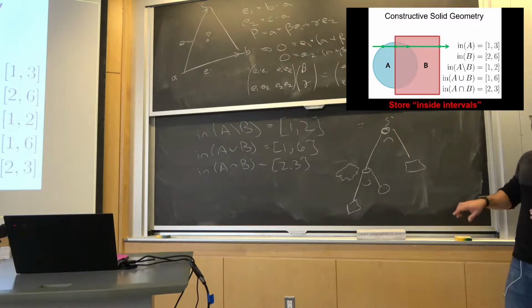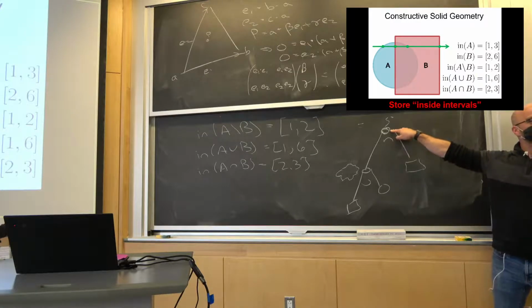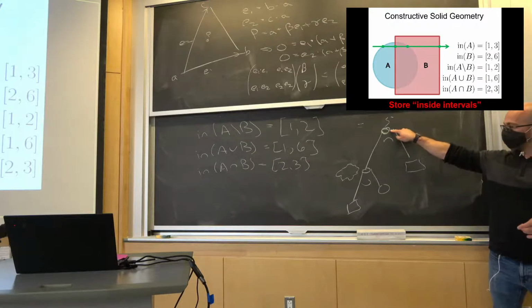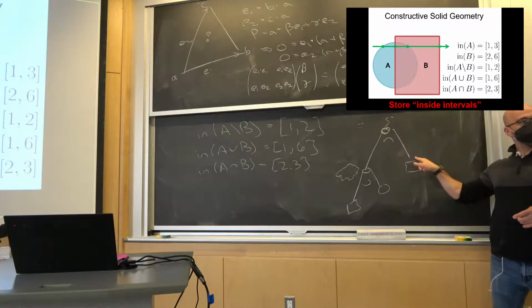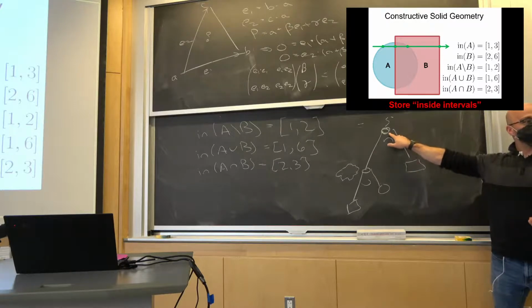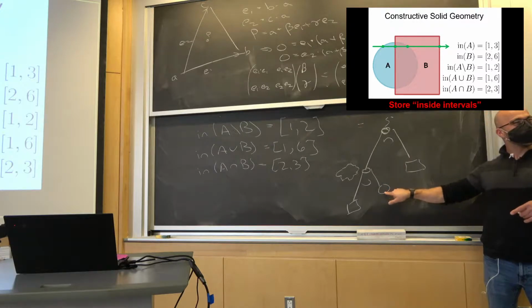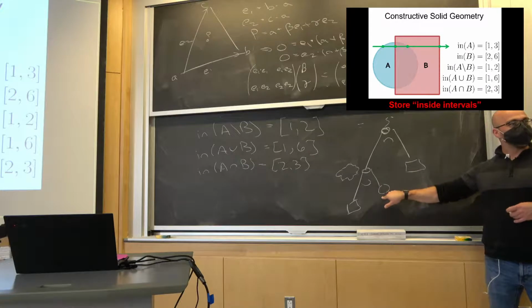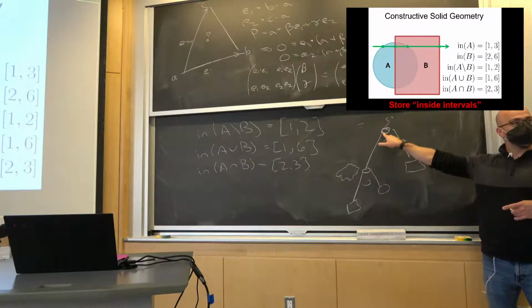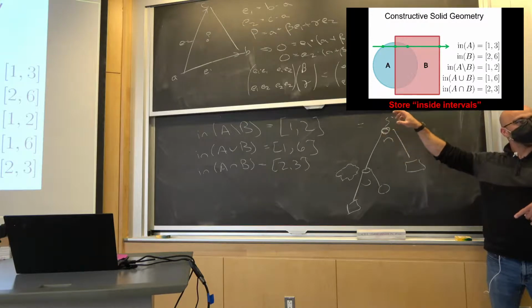So what's going to happen here is, up here, I'm going to ask, what is the interval in which I'm inside of this object? This thing is going to ask its children, what interval am I inside of you, and what interval inside of you. And that's it. From this guy's perspective, that's all that matters, right? This child just so happens to store two other objects that it's going to have to call that same function on. So it's going to compute that union down here, and that's what's going to return up here. Similarly there, and then up here, you take another intersection of a set of intervals.